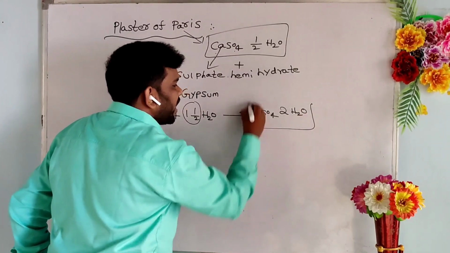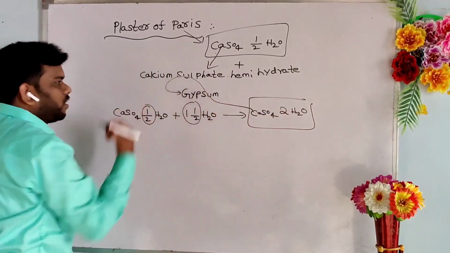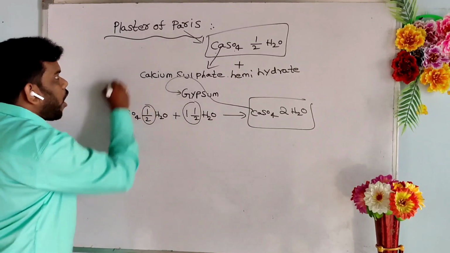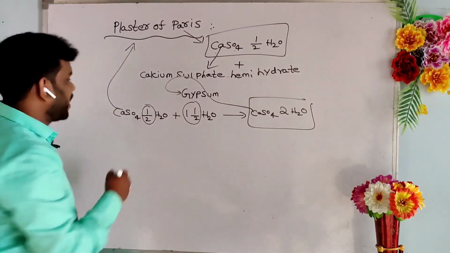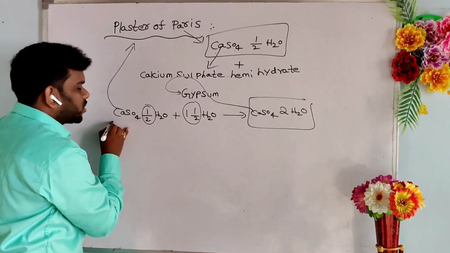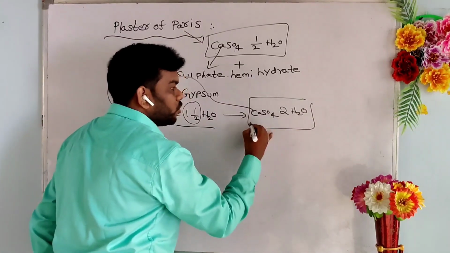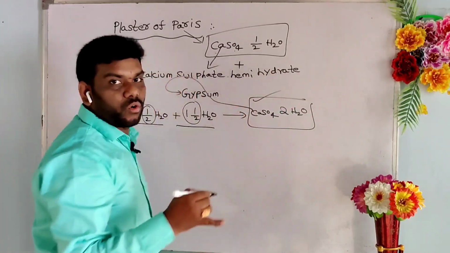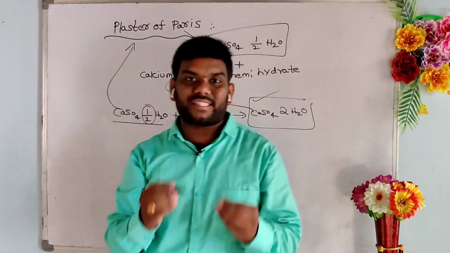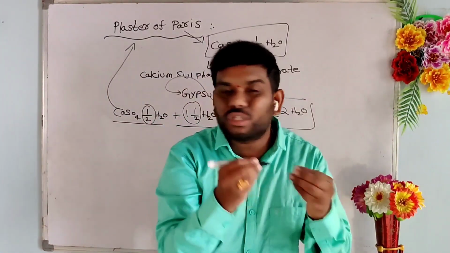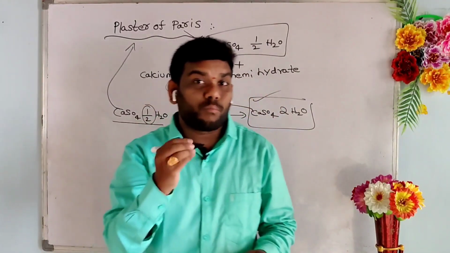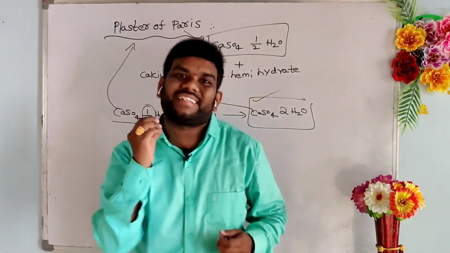So CaSO4 2H2O is called gypsum. And CaSO4 ½H2O is called plaster of Paris. So when plaster of Paris is mixed with water, it immediately forms a solid due to the formation of gypsum. That's why plaster of Paris is used as a moisture proof container.